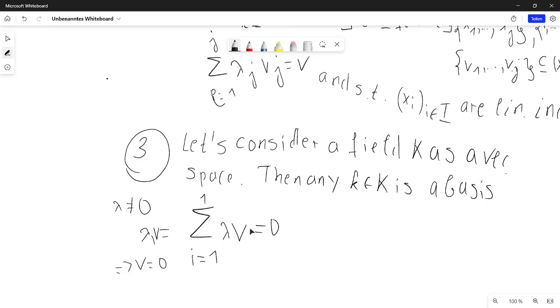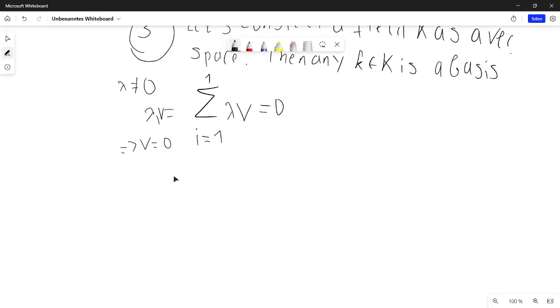Why is that the case? Because suppose lambda not equal 0, v not equal 0, and okay, let's see.